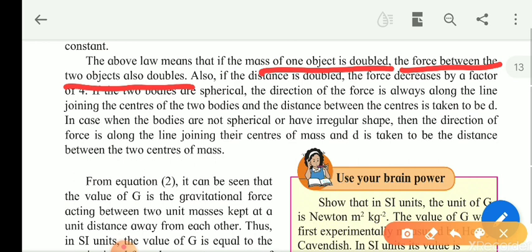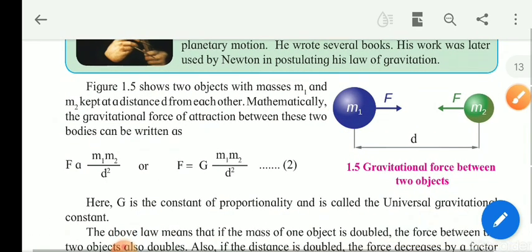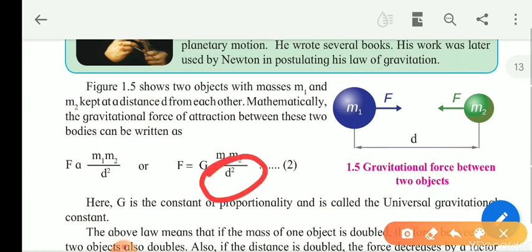And if the distance is doubled, the force decreases by a factor of 4. Why does this happen? Because there is a square of d in the denominator, so if you compare d and F, they are inversely related, meaning as the value of d increases, the value of F will decrease, and vice versa.